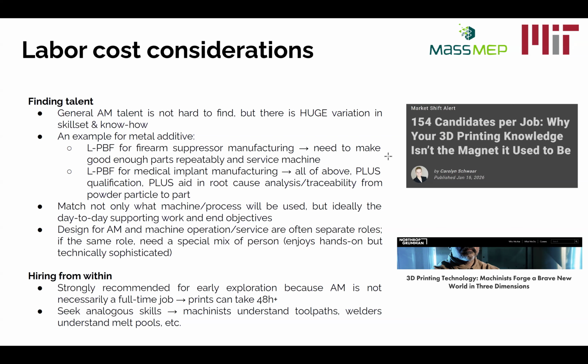So like a manufacturing engineering type exercise, who understands the printing process from a physics-based point of view and can adjust parameters dynamically to get you good outcomes, and is the kind of person that doesn't get bored dumping powder and getting in a bunny suit and wiping things down with Kimwipes and all the other manual labor that's required to keep the machine up and running. And I wouldn't expect you to be able to find those people off the shelf, so to speak, out in the world, because it's a special type of person. But you might be able to find those people very easily within your own organization.